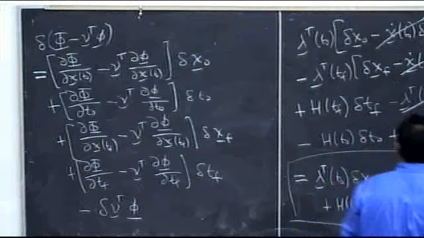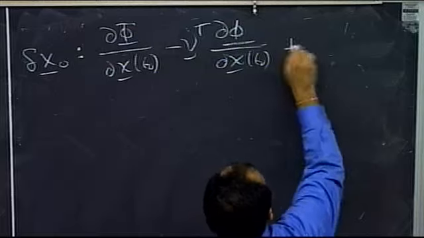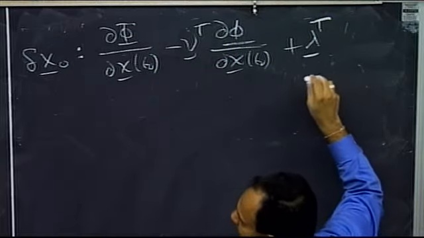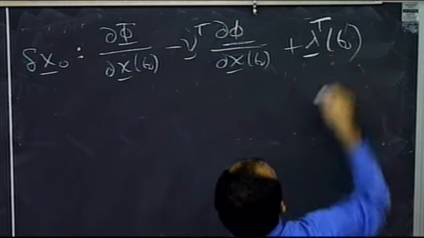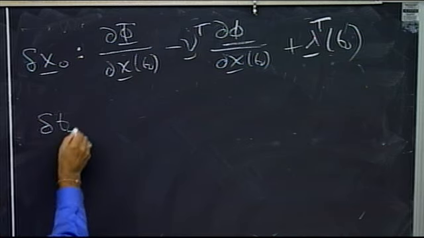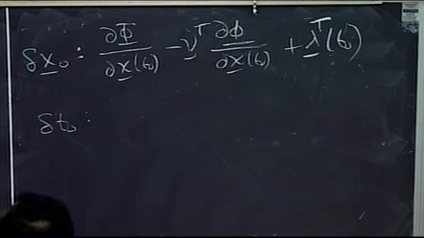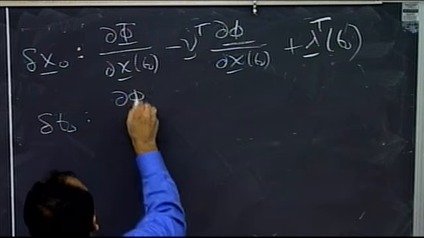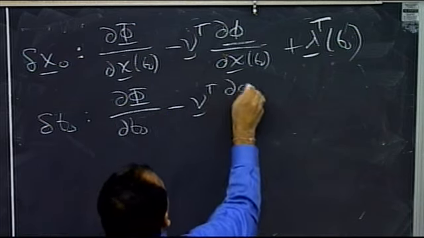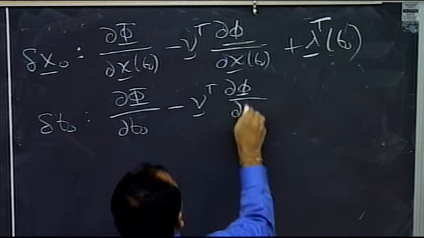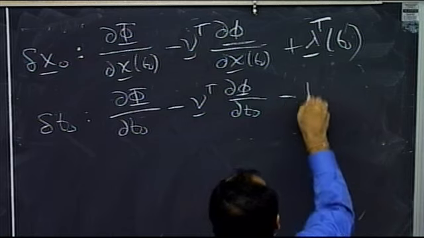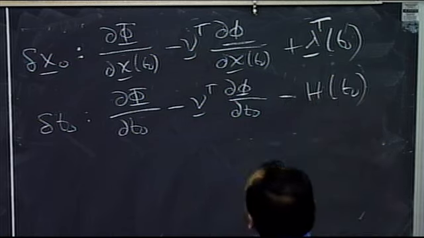And now I've got plus lambda transpose at t0. Terms involving the variation in t0 are what? I've got the partial of phi with respect to t0 minus nu transpose the partial of little phi with respect to t0. And then I've got minus h of t0.